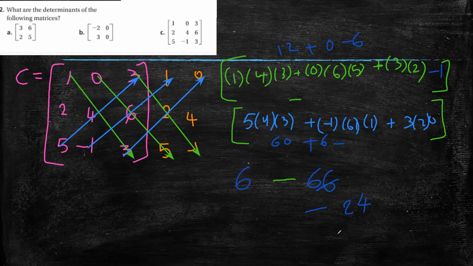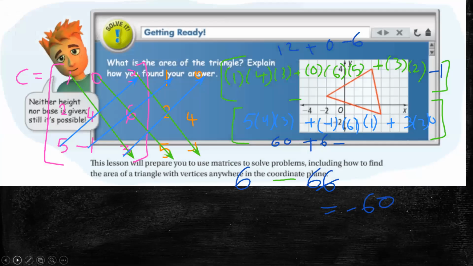So 6 minus 66, which is negative 60. Is it clear now? Yes. Okay.